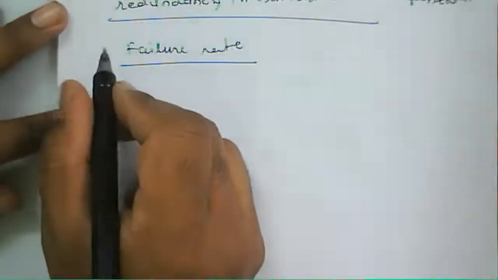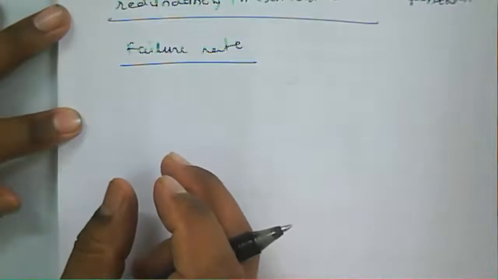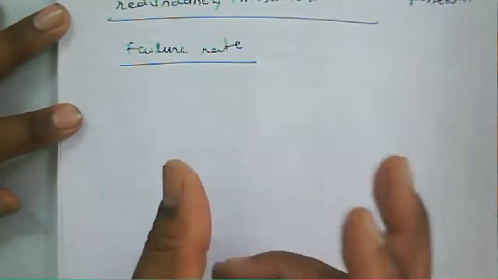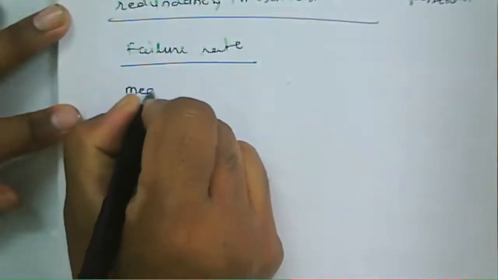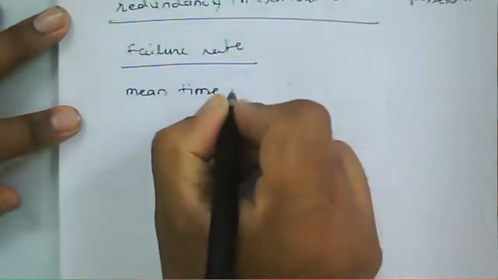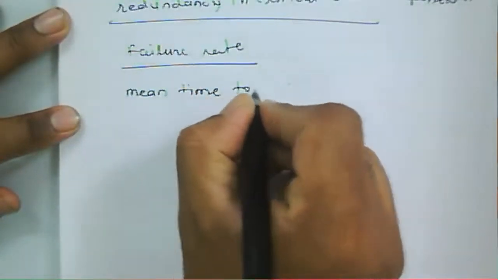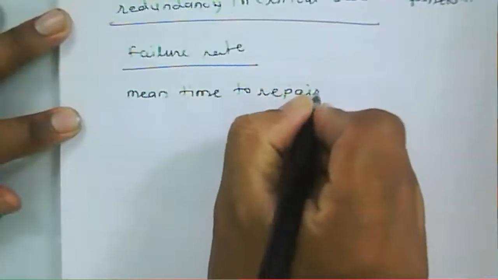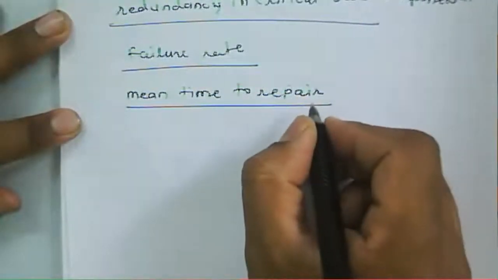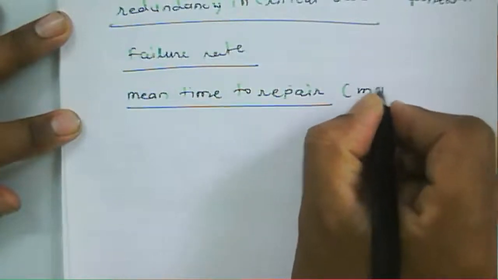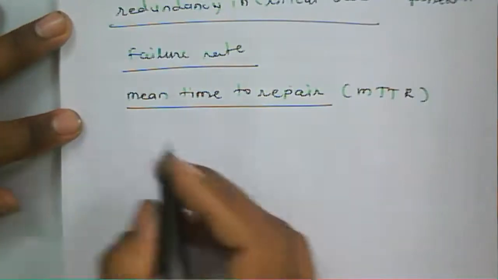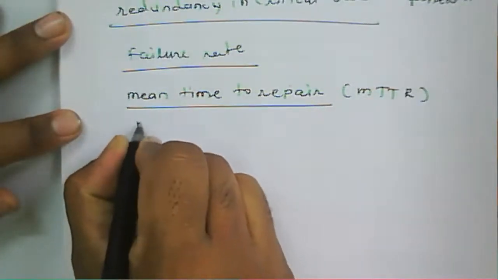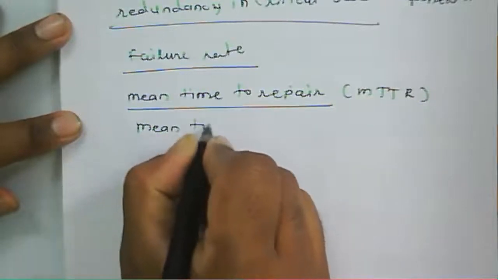Then we need to find out which components are able to be repaired, whether it is a smaller station or a larger station. So we need to find out the mean time required to repair the component. That is the mean time to repair for the earth station, rather than the mean time to failure.